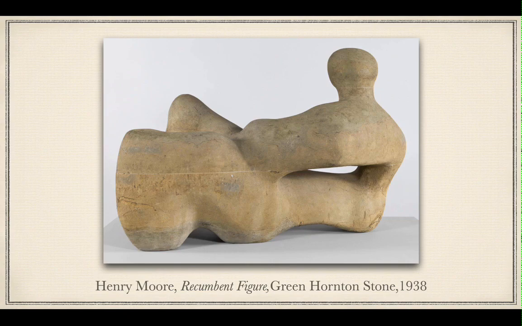Here's the actual sculpture by the artist Henry Moore. It's called Recumbent Figure. It's made out of green Horton stone, and he did it in 1938. Again, you can see the undulations of the rock forms in his work.